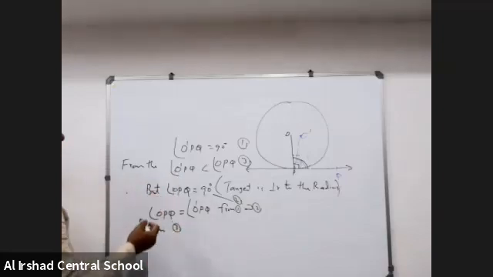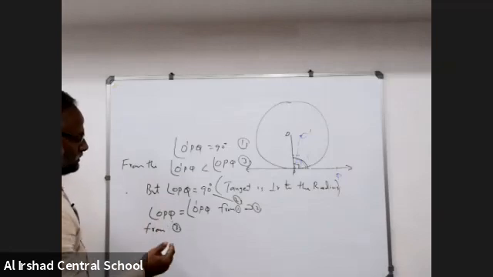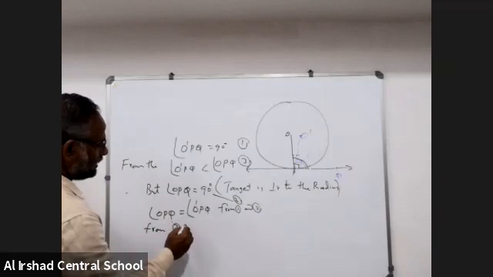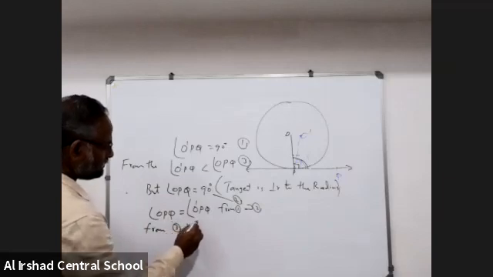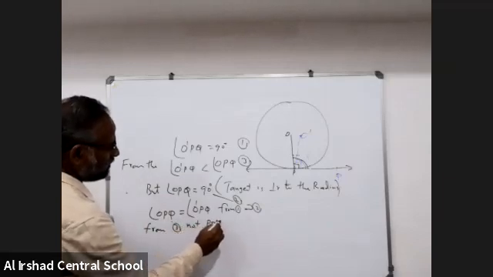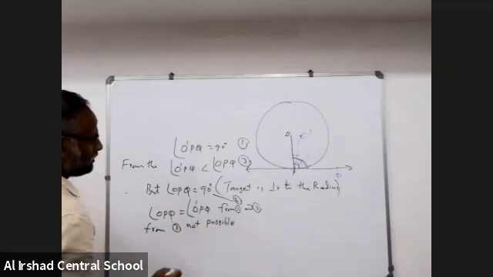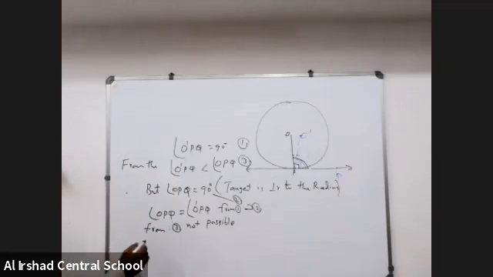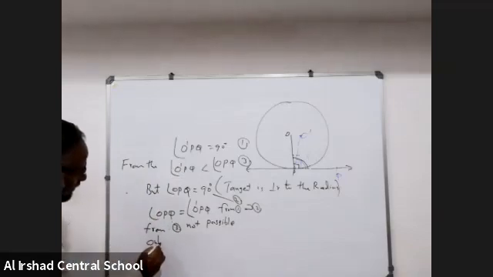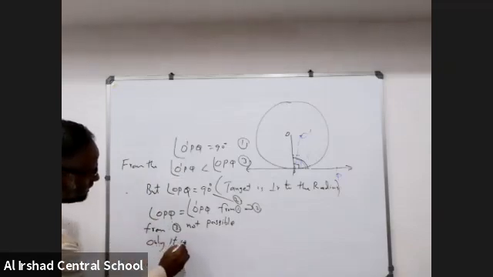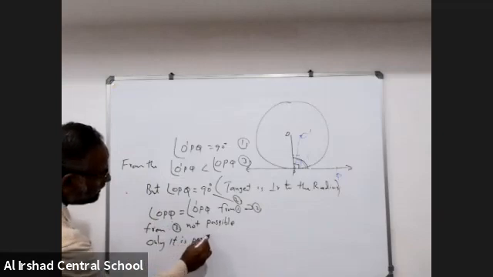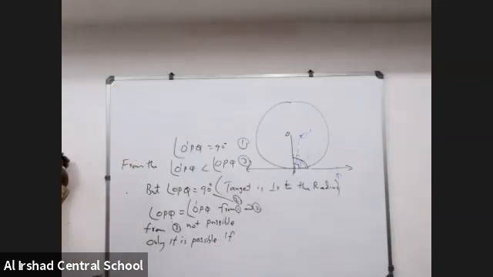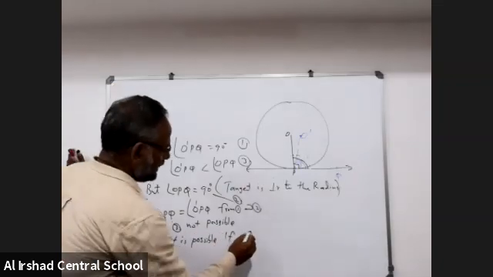O dash PQ is less than OPQ. Not possible. Only proceed from 3. Because it is less than, it is possible only if O and O dash are the same.